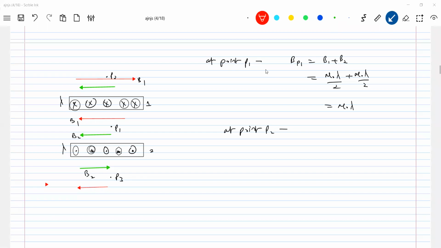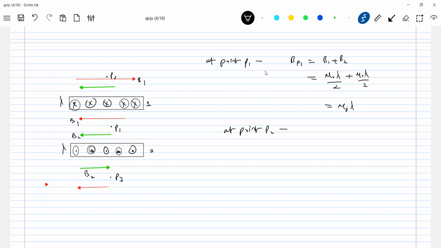Mu naught lambda, where lambda is the current per unit width. Only lambda will come, not mu naught I.